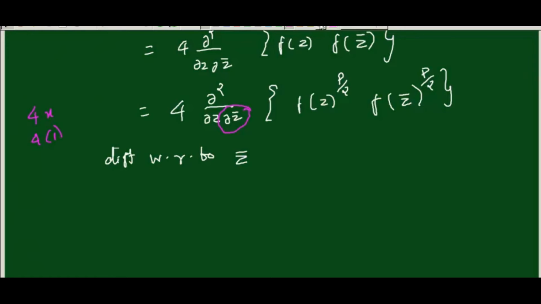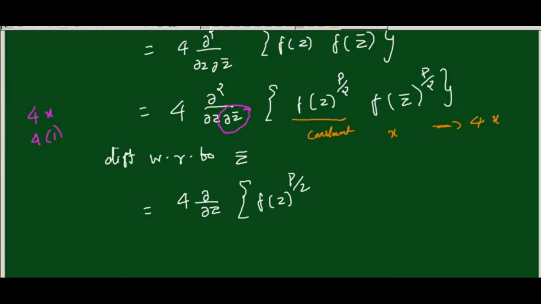The same thing applies here, 4 times dou by dou z bar. Here 4 is a constant, and similarly f of z whole power p by 2 is a constant. So it is constant times x, the same procedure as 4 times x.